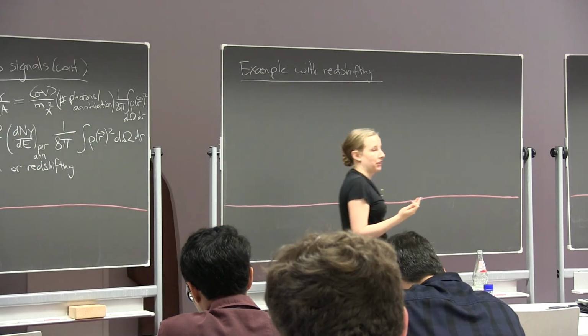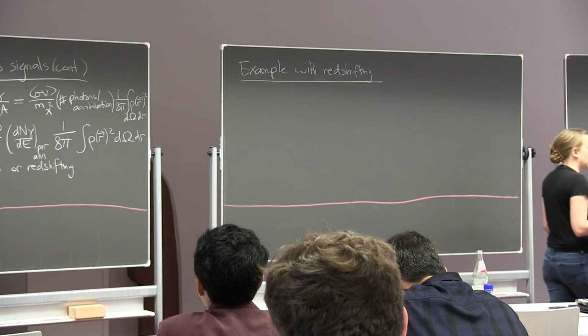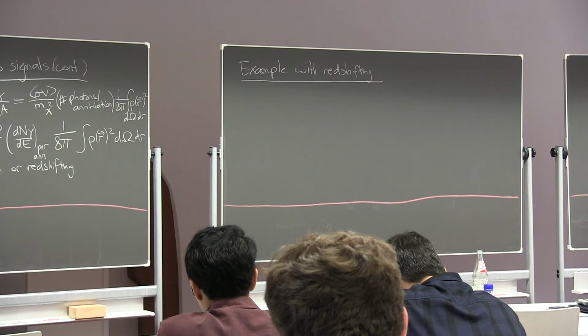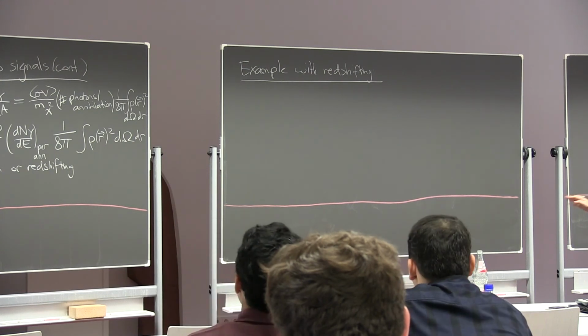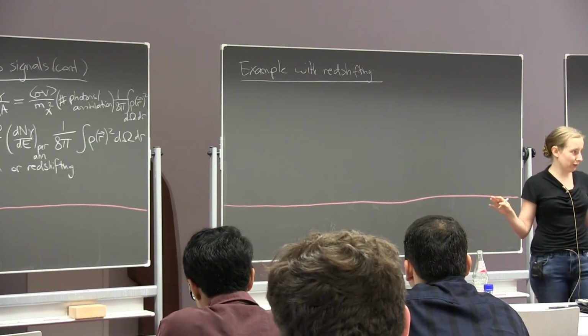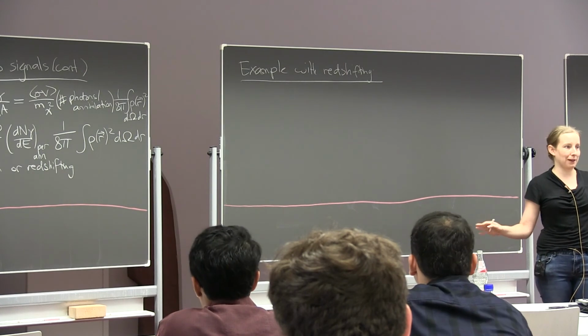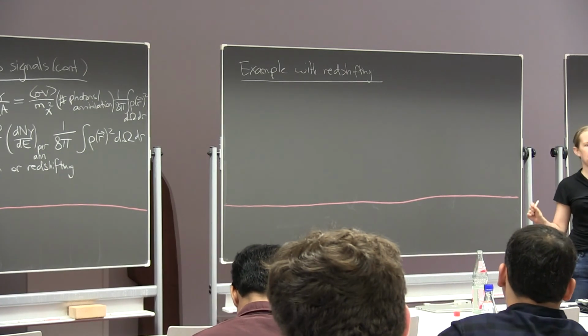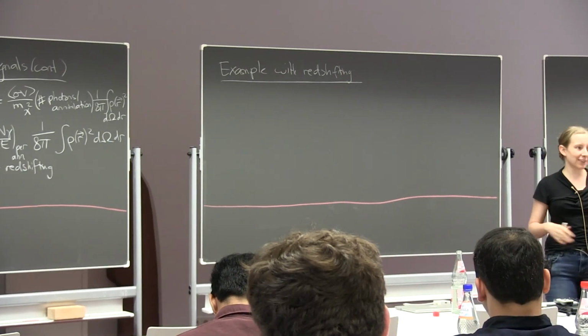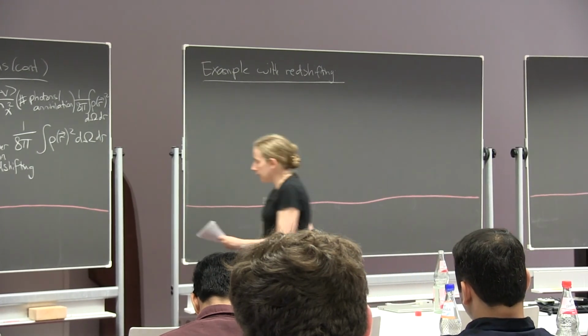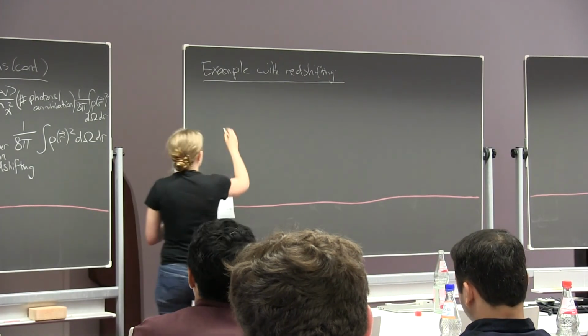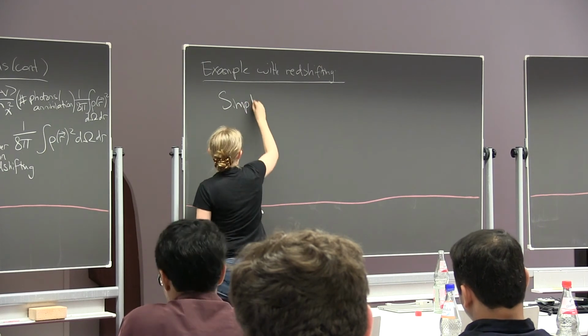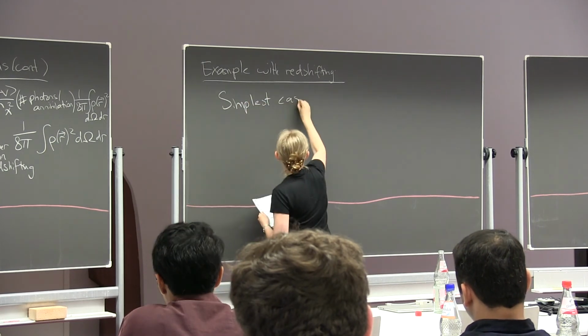There are halos and clumps of dark matter on top of that, but I could just ask, what's the contribution from the dark matter annihilation that's been happening in the homogeneous part of the dark matter distribution through the whole history of the universe? Okay, so this is just an isotropic background that is always there. It tends to be pretty subdominant compared to other searches, but let's just see how we will work this out. So this is the simplest case with redshifting I know how to do.